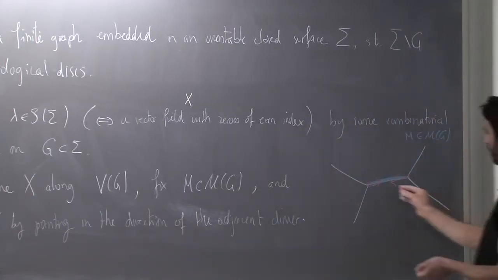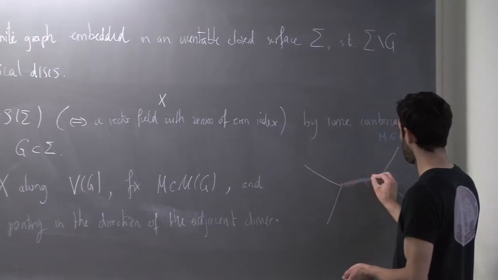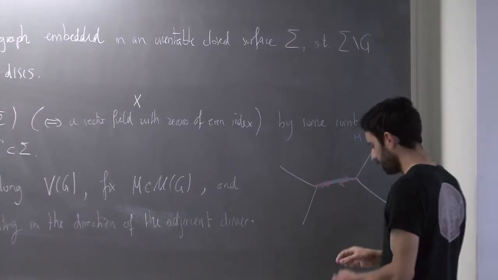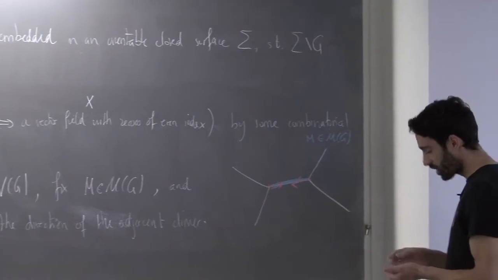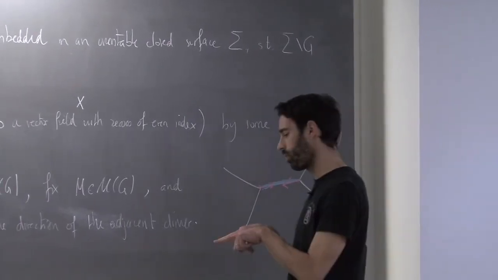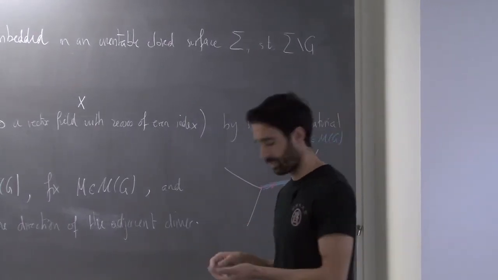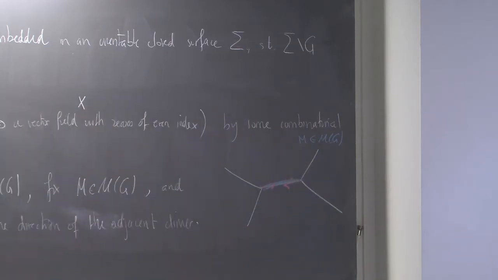This is not very visible, but I think it's clear. Each time you have a vertex, you have an adjacent dimer, a unique one, and you just point in this direction. Now we want to extend this along edges.